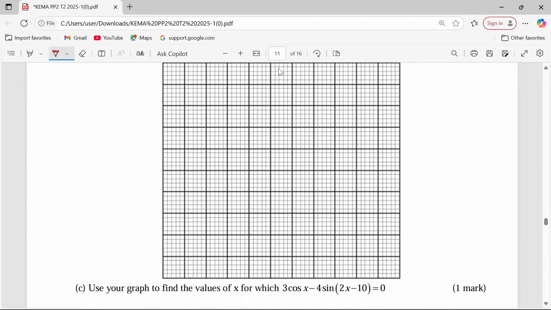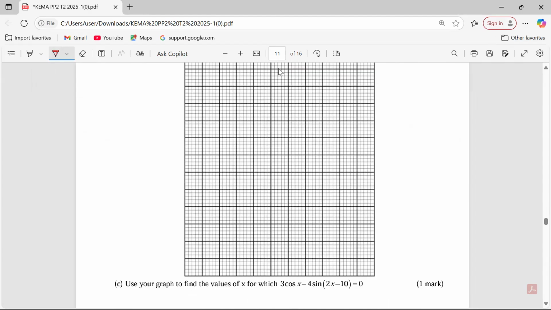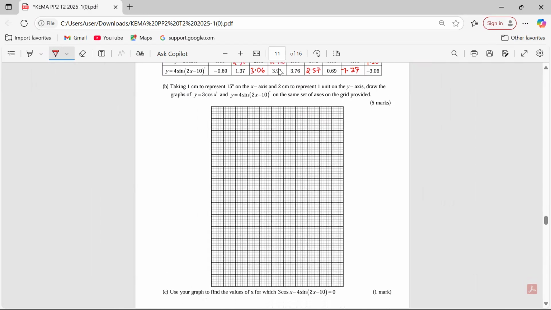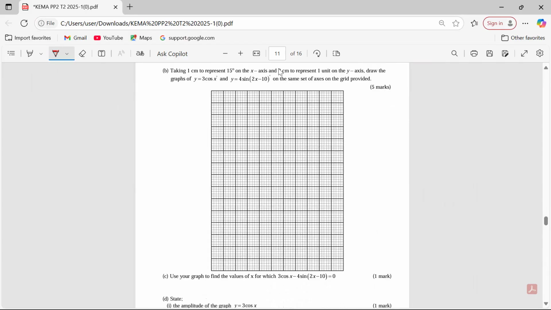So the grid is already provided here, and this is what we shall use. I hope you follow very keenly the plotting of the 2 functions on the same axis.